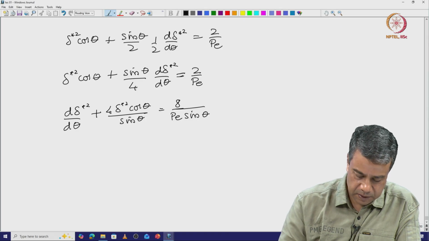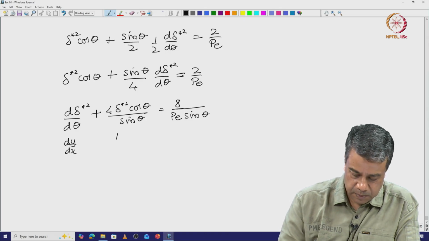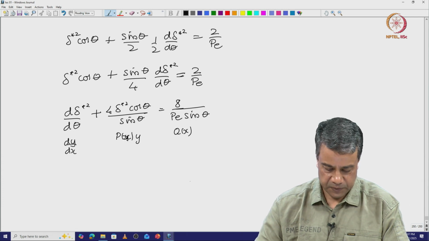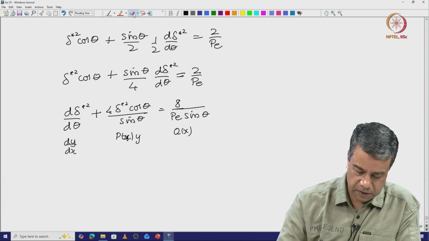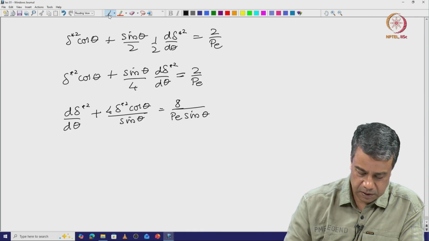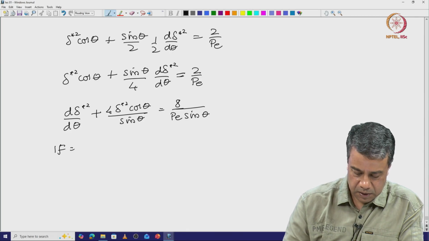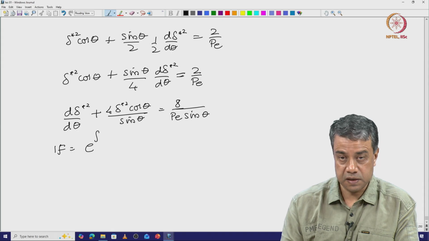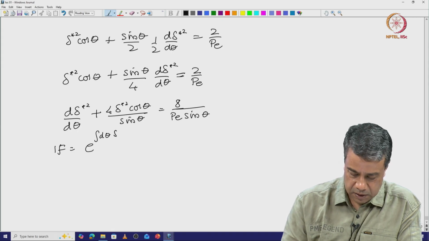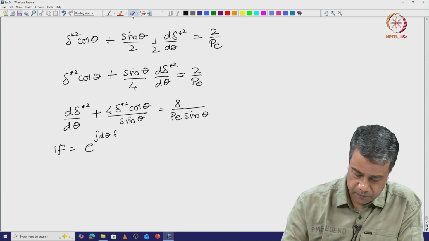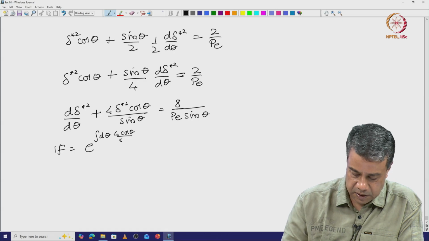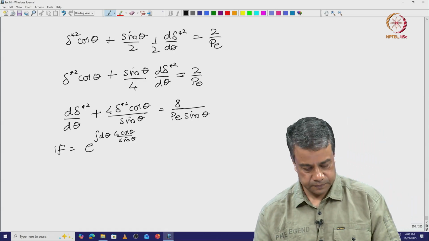This is of the form dy by dx plus p of x times y equals q of x, where y is delta square, and therefore, I can get an integrating factor. The integrating factor is equal to e power integral of p dx, of d theta into 4 cos theta by sin theta.